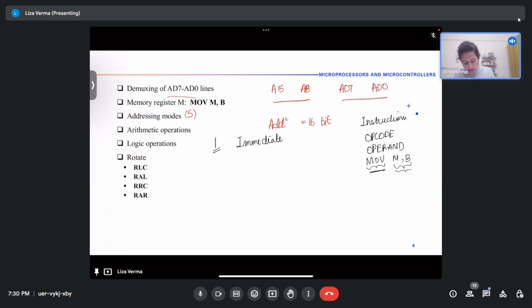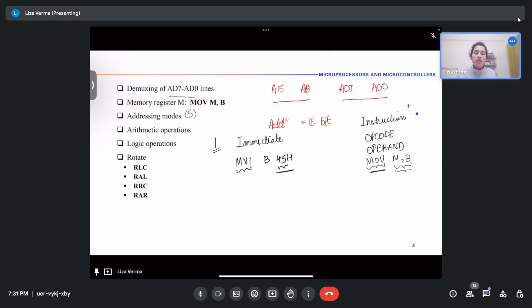Say I have the instruction MVI B, 45. This instruction tells the microprocessor to move immediately this data 45 to B. If you can see, the operand is directly a number.